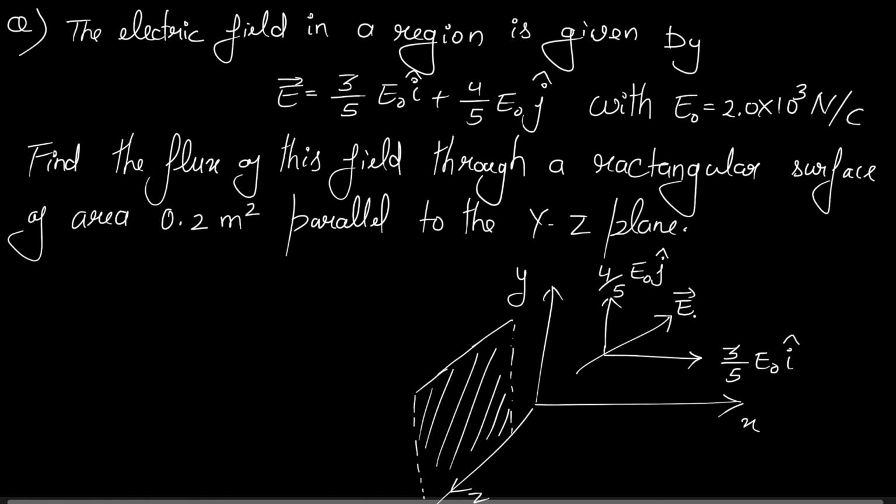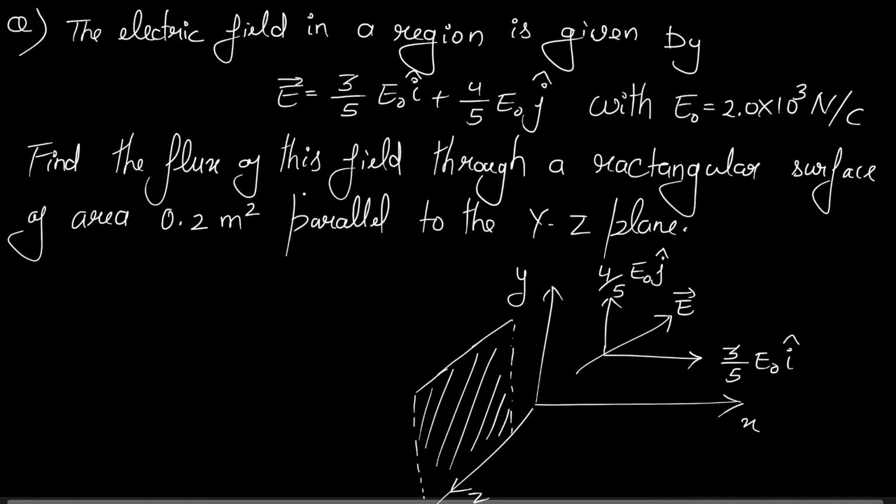Let me take the E vector in this xy plane, because you have only the components of x and y. In the x direction, the component of E is 3 by 5 E naught x cap, and similarly in the y direction you get the component 4 by 5 E naught j cap. Here E naught is some constant, they have given the value for it.